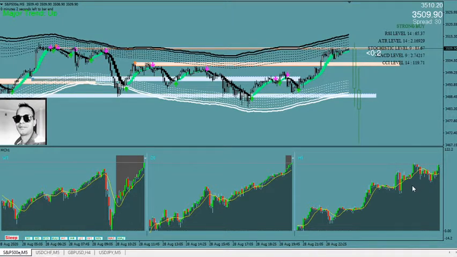So how I use it is like this: if D1 and W1 are both green, then I will look for a retrace in the H1 candle and then a green candle to enter the market.